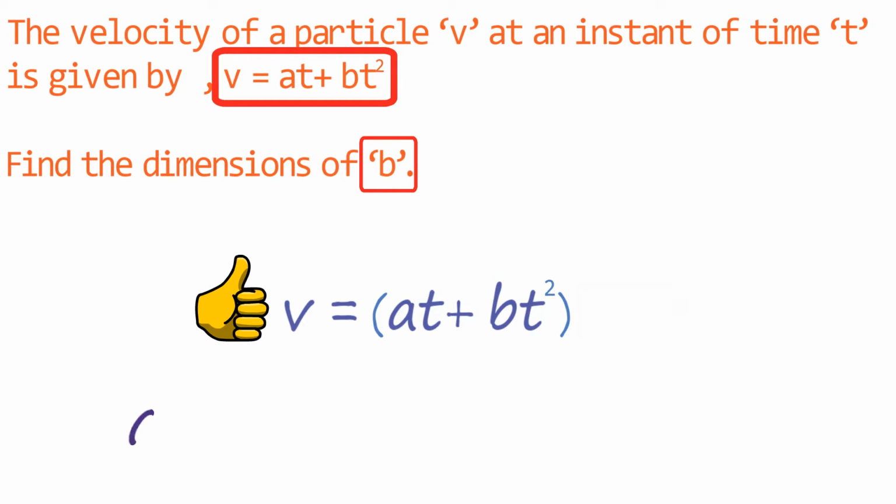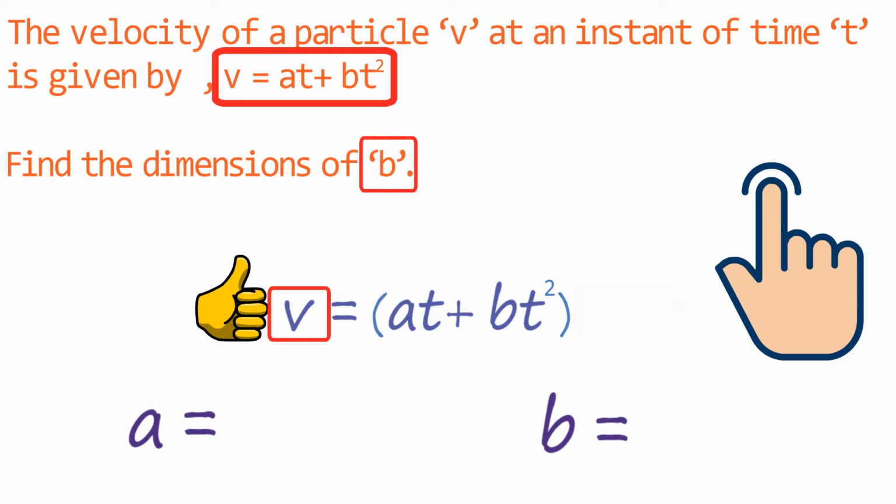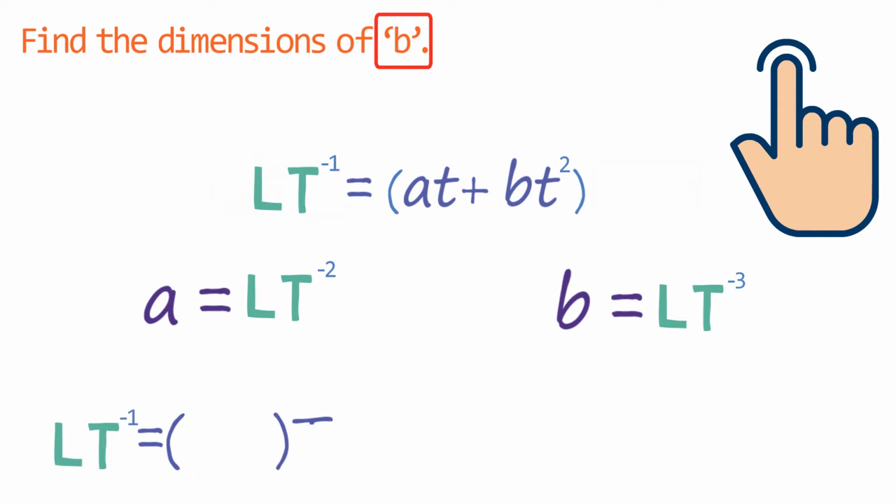And so we just assign any dimensional formula to A and B. But there is one condition, that the end result should be equal to the left hand side. And so we assign L times the inverse of t squared to A and L times the inverse of t cubed to B. But why do we have to do this? It's actually necessary.